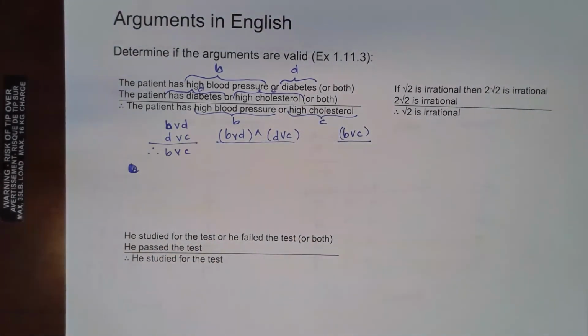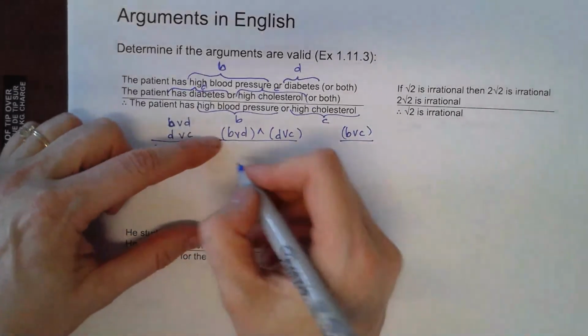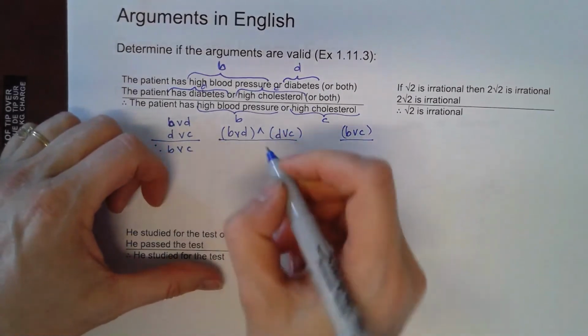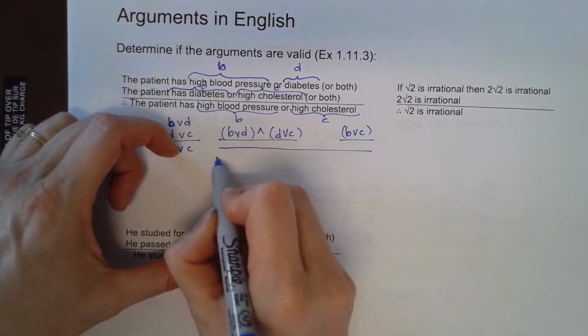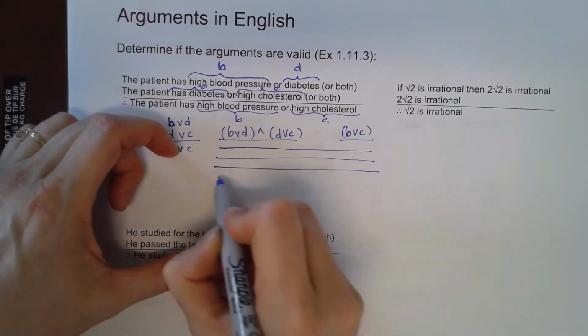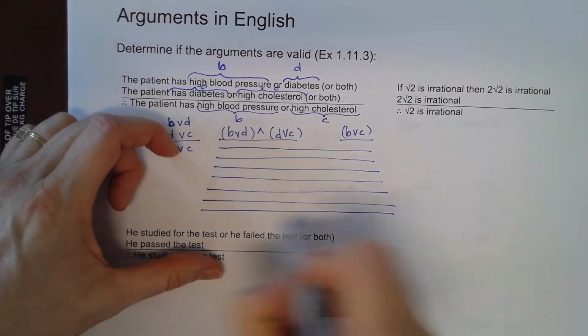Okay. So we've got 3 variables. How many rows am I going to need? We're going to need 8. So this one is long. Let's have B, we'll do 4 truths and 4 falses. I might need some lines. 1, 2, 3, 4, 5, 6, 7, 8.